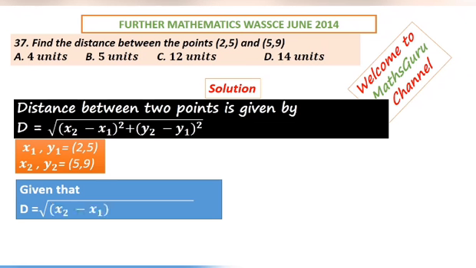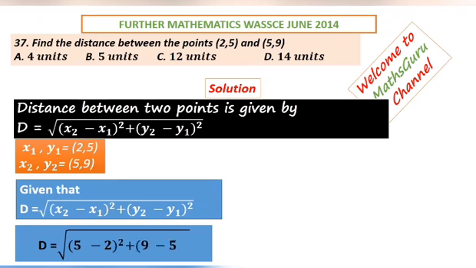So given that this is equal to the square root of the square of the difference between x2 and x1 and the square of the difference between y2 and y1, we have d equal to the square root of x2, which is 5, we just substitute there, minus x1, which is 2.